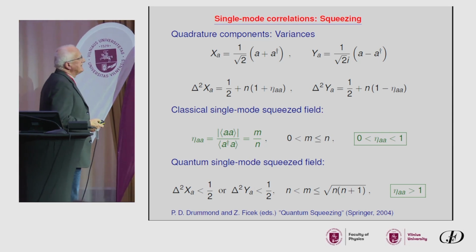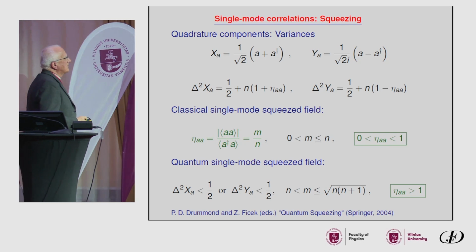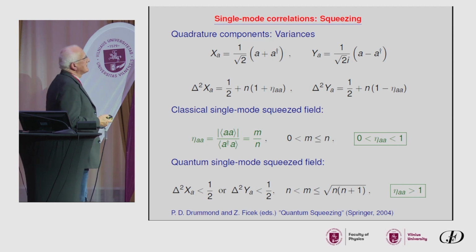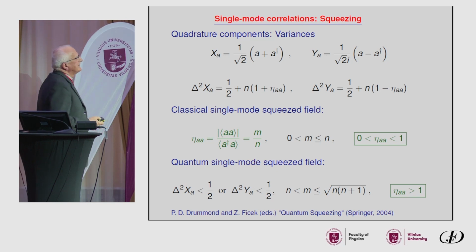So classically we can correlate photons in a single mode to the level of the number of photons. So you see that classically we can make maximally eta AA equal to 1. Which means that we can, of course, get an asymmetric distribution of the noise, but we cannot beat the quantum limit.